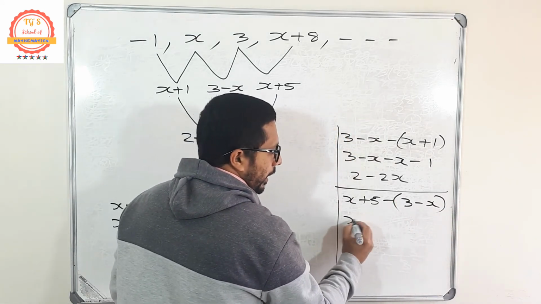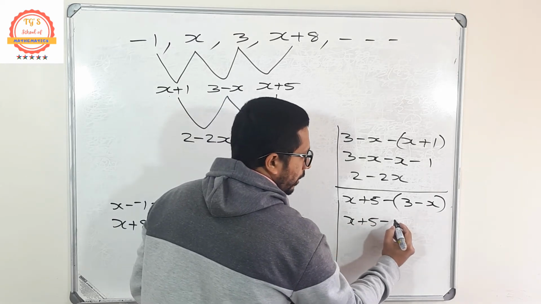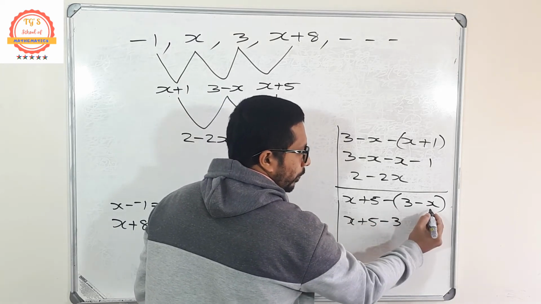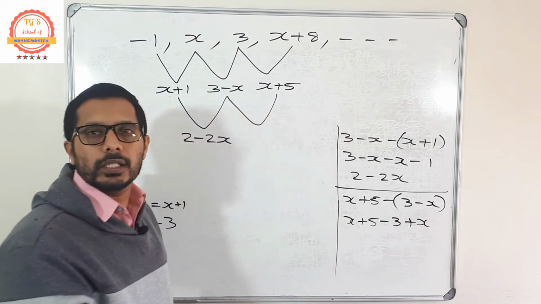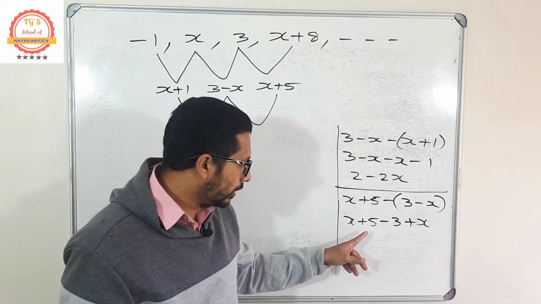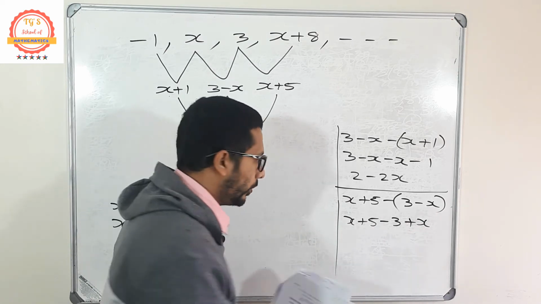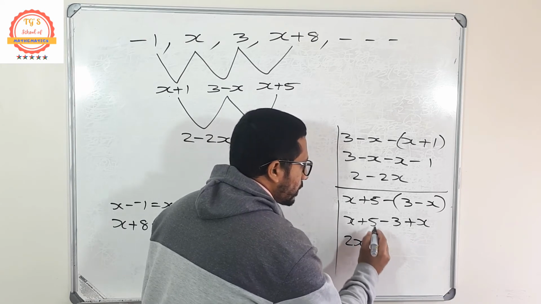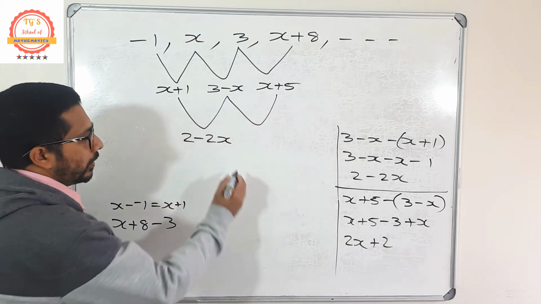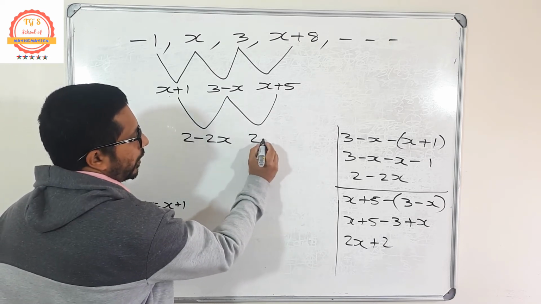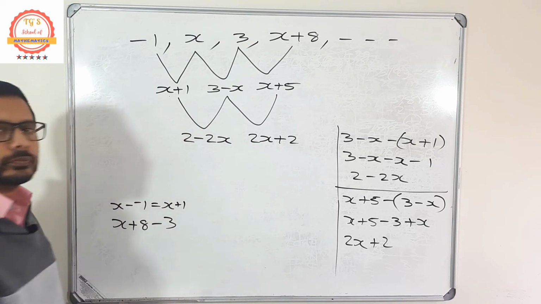So it is x plus 5, expand the bracket, minus into 3 is minus 3, minus into minus x, that is plus x. Minus into minus is plus. So x plus x is 2x, and 5 minus 3 is 2. So here you can see that the second difference is 2x plus 2.